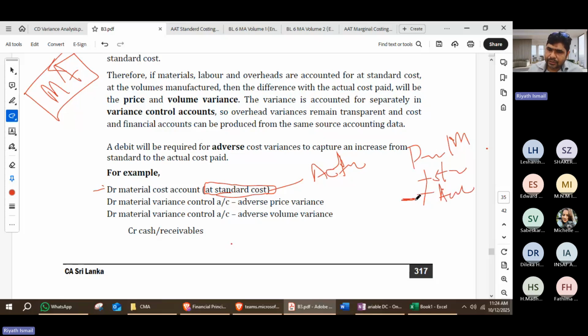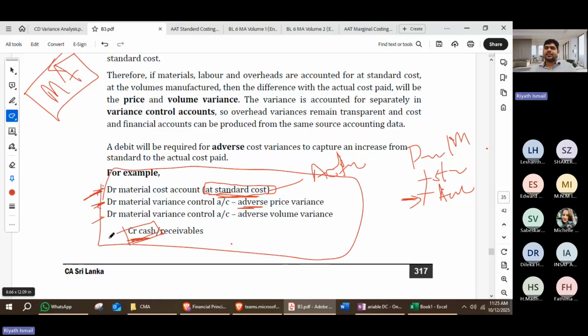Here, they do not record the actual. Recording actual means we find the actual cost at the cash. But here they debit the standard material cost account. If there are any adverse variances, they are debited. If there are any favorable variances, they are credited. Then they enter their books like this.